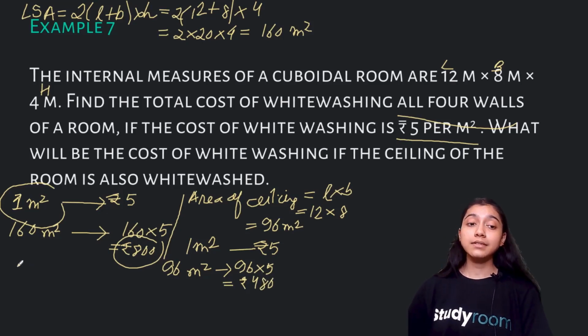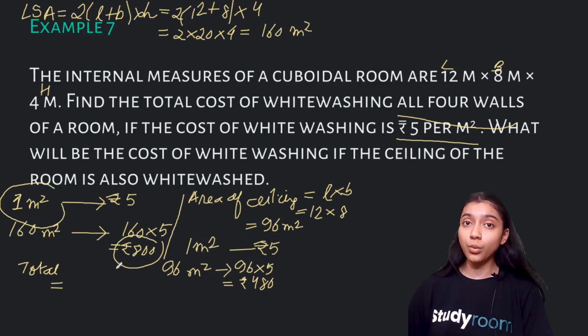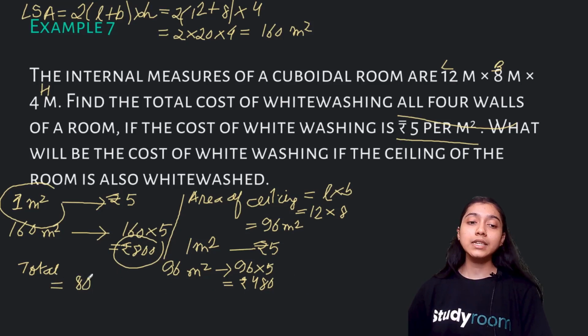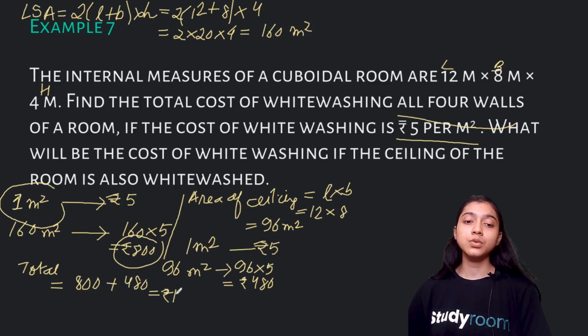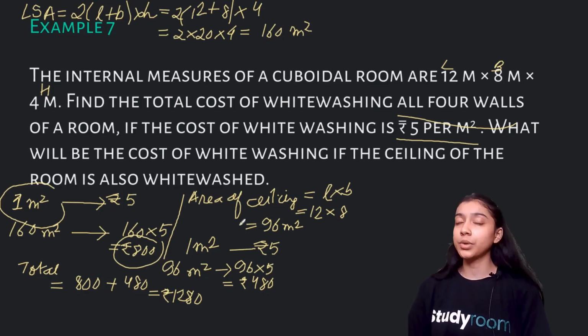So the final answer, the total cost of whitewashing the 4 walls along with the ceiling, will be equal to the total cost of whitewashing the 4 walls plus the total cost of whitewashing the ceiling. That is 800 plus 480 rupees, which gives us rupees 1280. So this is the total cost of whitewashing the 4 walls along with the ceiling.